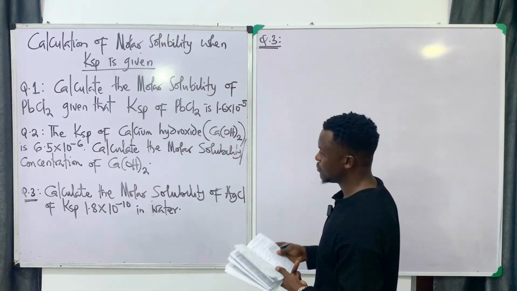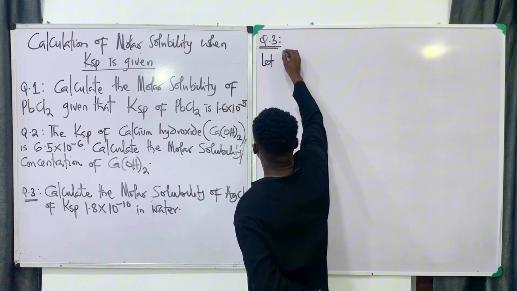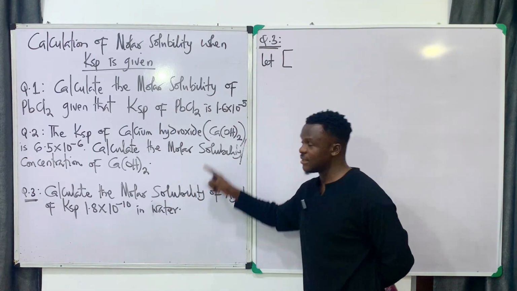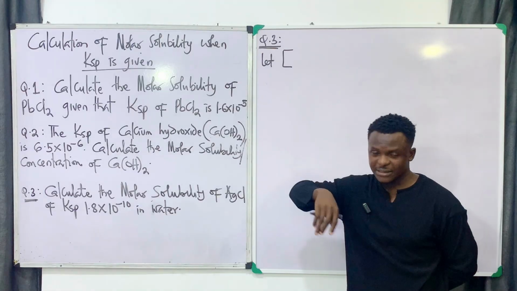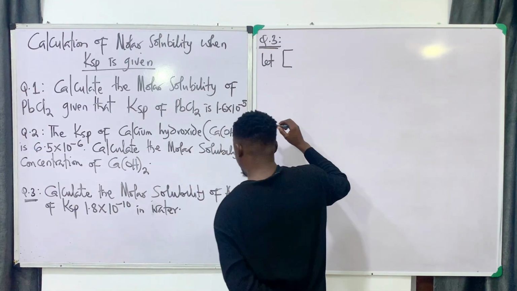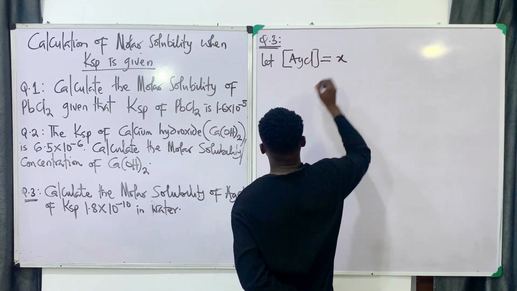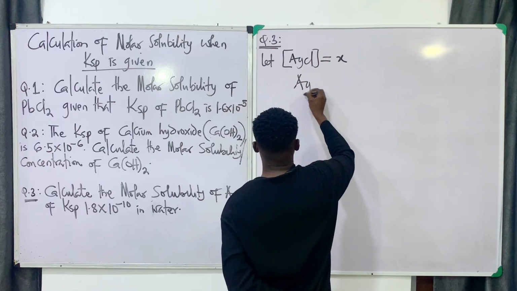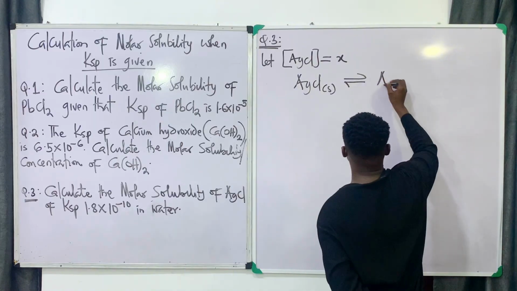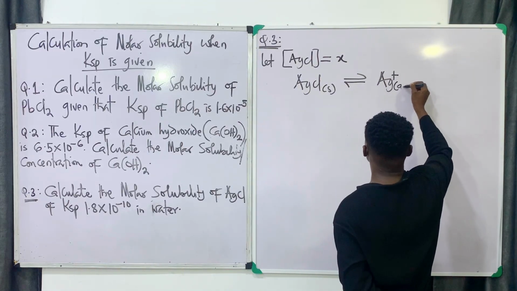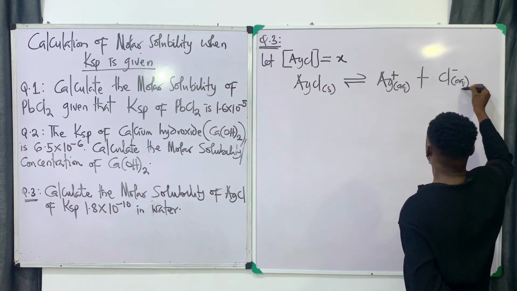So we have the solution. Here we'll say let molar solubility, which is equivalent to molar concentration, that is why we have been using this square bracket. It's the same thing. So we'll say molar solubility of AgCl equals X. So when I write my equilibrium expression, AgCl becomes Ag+ aqueous plus Cl- aqueous.